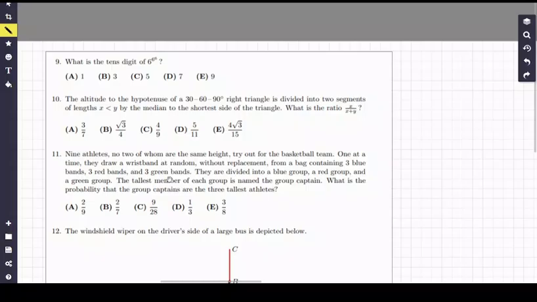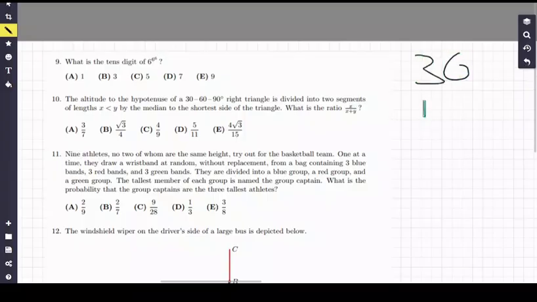Whatever. Anyways, this is actually another cycle problem, by the way, if you didn't notice. So let's look at the last two digits of the power of 6. 36, 16, 96, 76, 56.